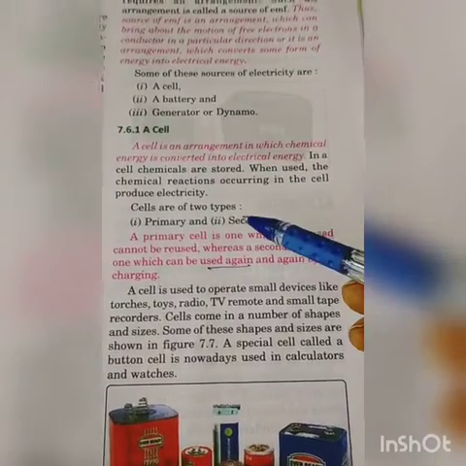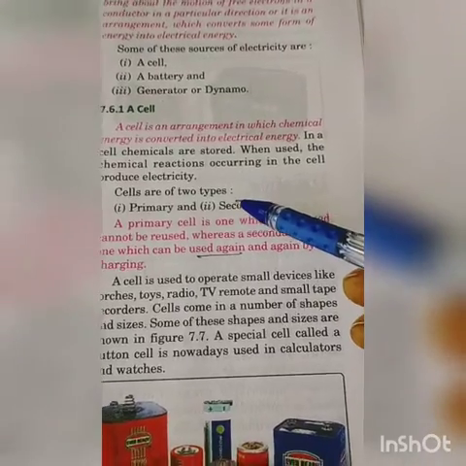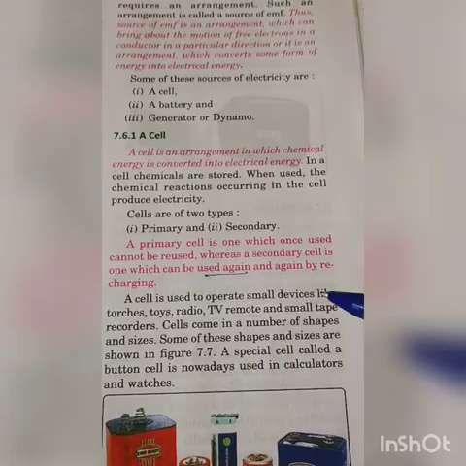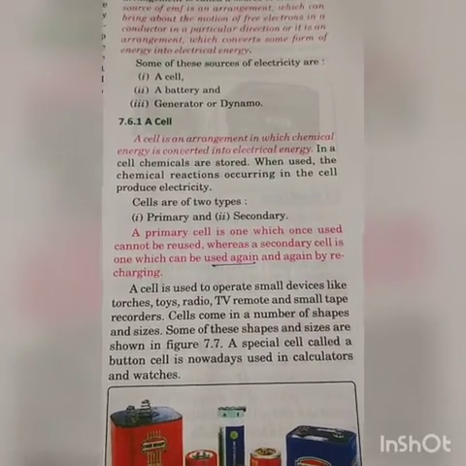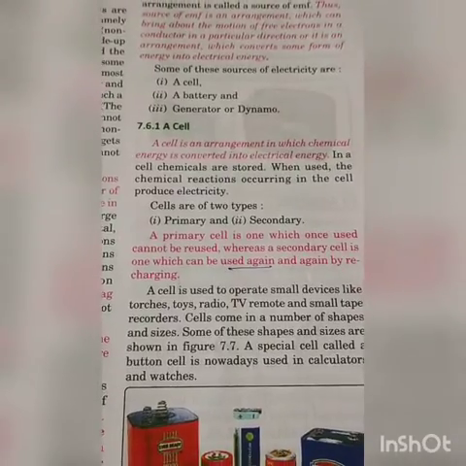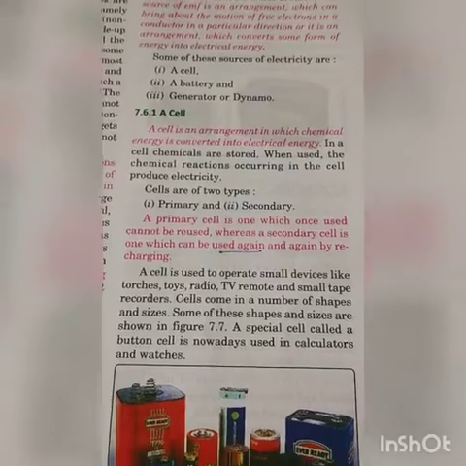Electrons and the positive ions are collected at the poles, and when a circuit is joined, the electrons start flowing through the circuit from one end to the other end. That's how the current flows in the cell.